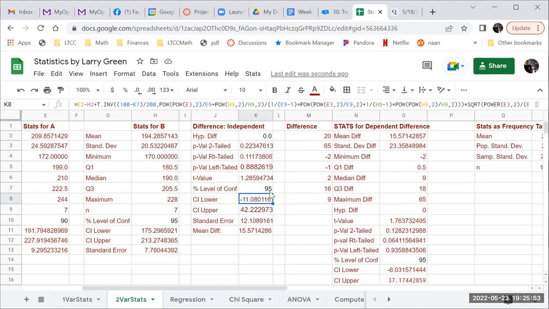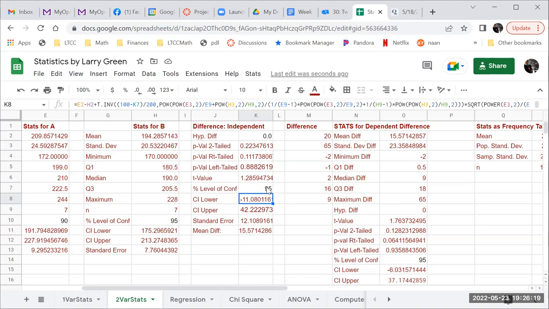Remember, a pro of a 99% is that you're much more confident, but the con is that you have a larger interval, so you have less information. Do you see that? The pro of a 90% is that you have a narrower interval, so you have better information, but you have a higher chance of being wrong. Does that make sense?